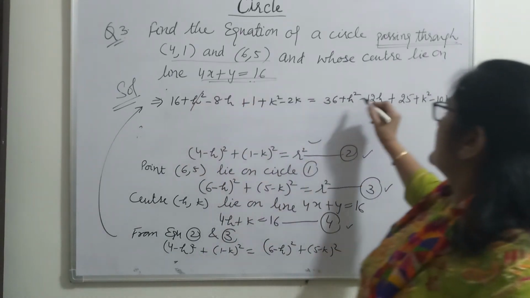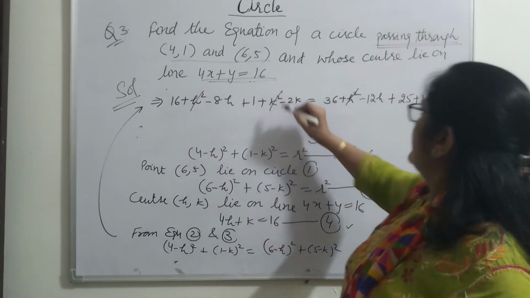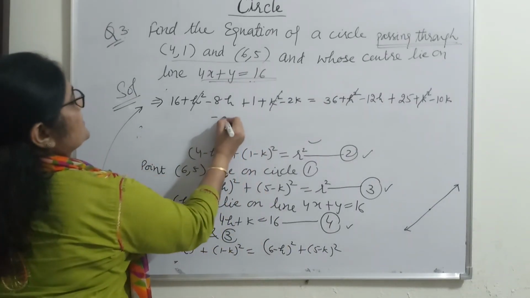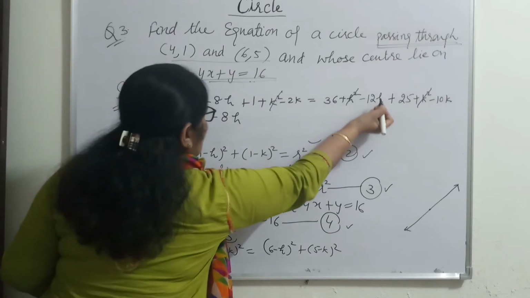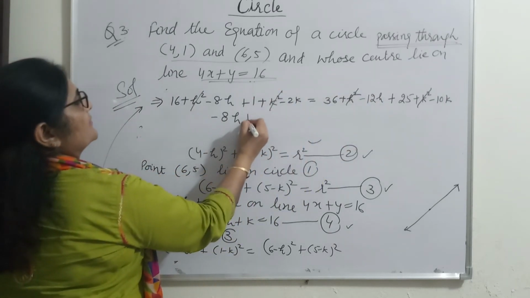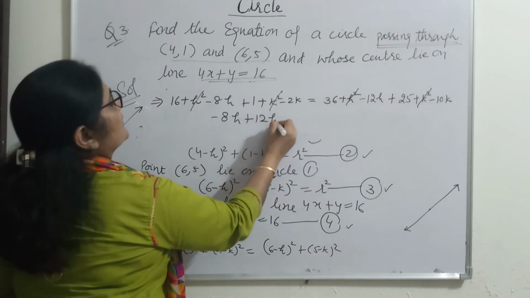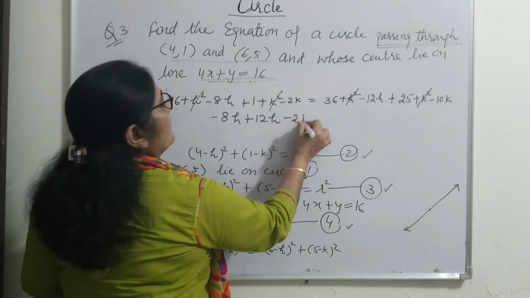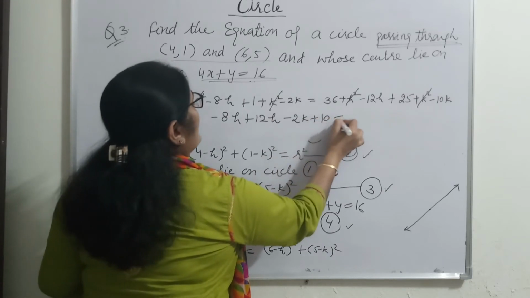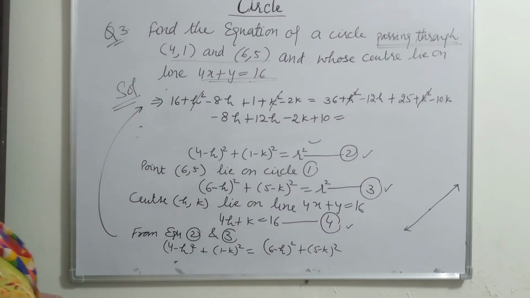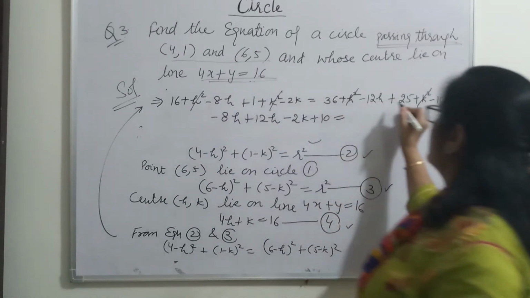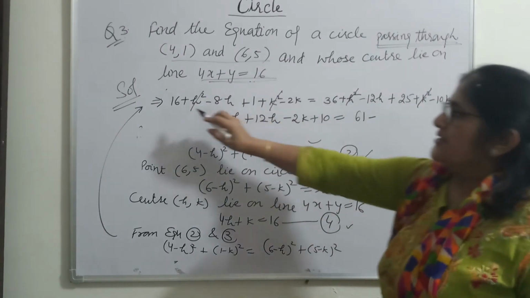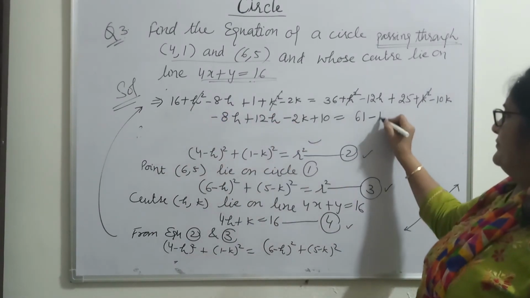h² and k² on both sides cancel. So what does it mean? Take -12h to the left-hand side, so it will be -8h + 12h, and -2k + 10k. Take the constant terms to the right-hand side: 36 + 25 is 61, and 16 + 1 is 17.